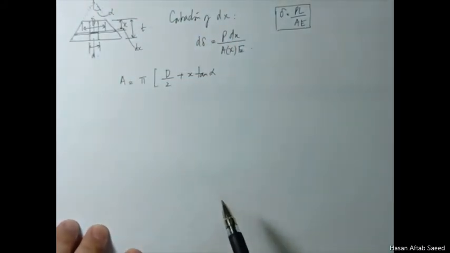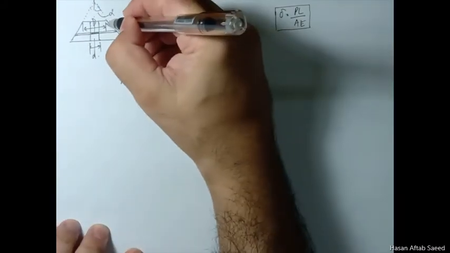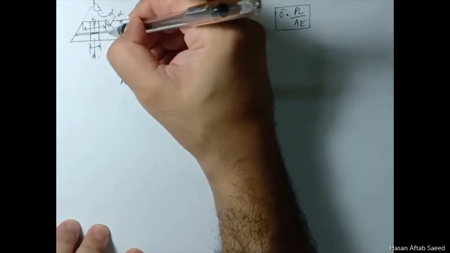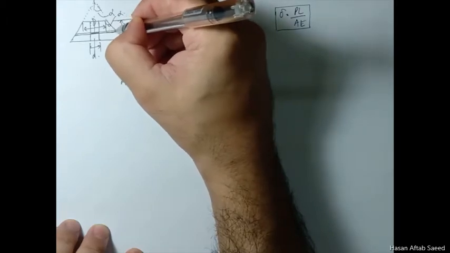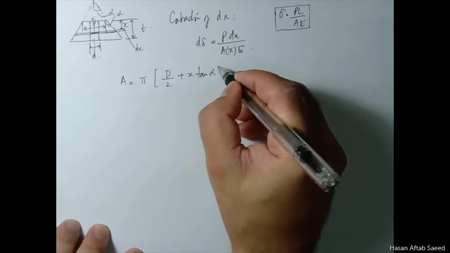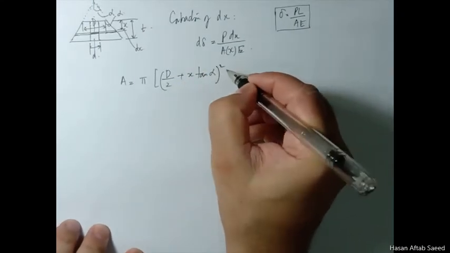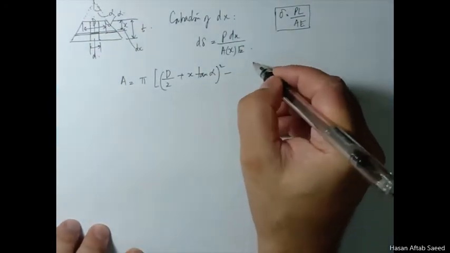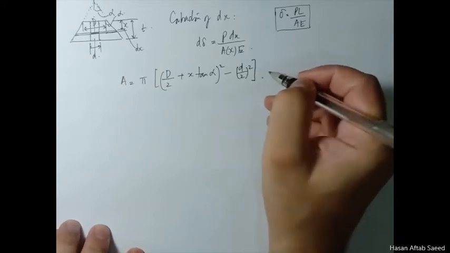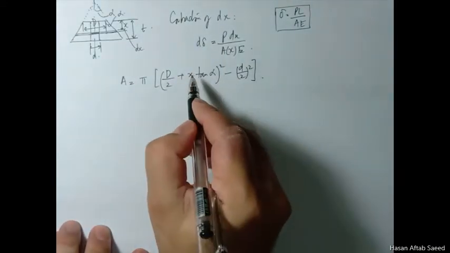X tan alpha is nothing but this length, since this is also alpha. So you have d over 2 plus x tan alpha, squared, but you have to remove this part, which is simply d over 2 squared. This is your area. It's a variable, it depends on x.